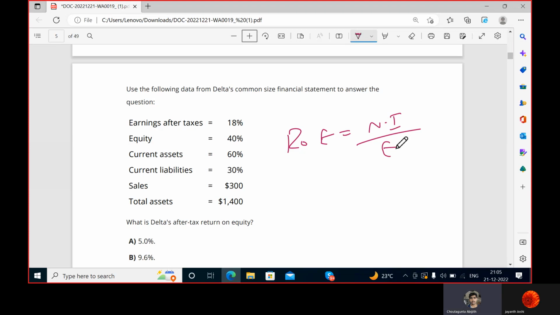Equity is 560. Okay. $252. Yes. Getting 9.64. 9.6.